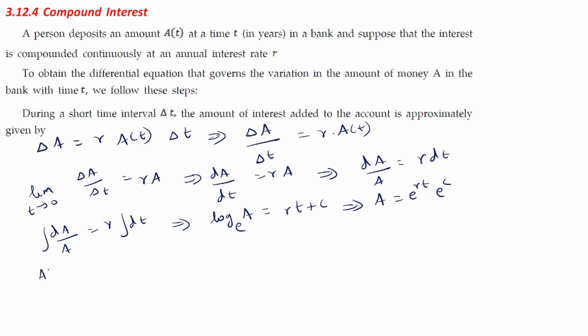If at time t = 0 the original amount deposited was A naught, then we can put A as A naught and t as 0. A naught = e^0 e^C. So for e^C we can put A naught. Therefore A = A naught e^(Rt). So this is the model which can be used for compound interest.